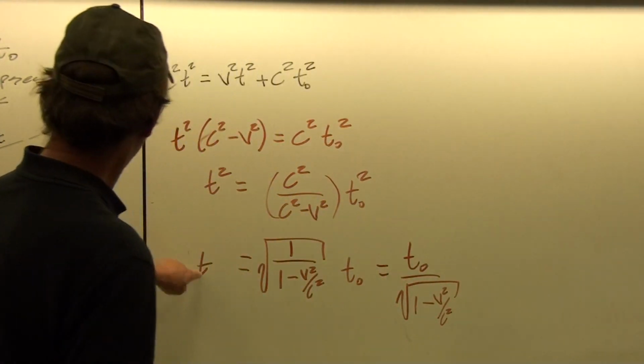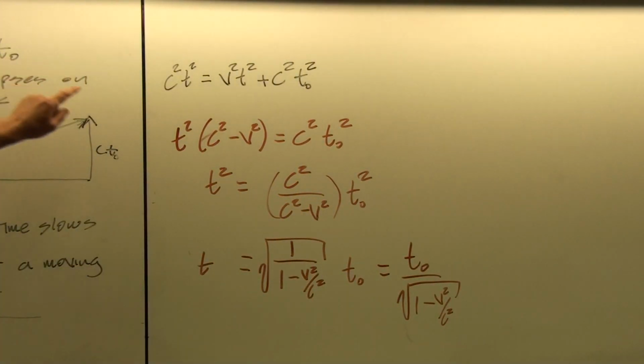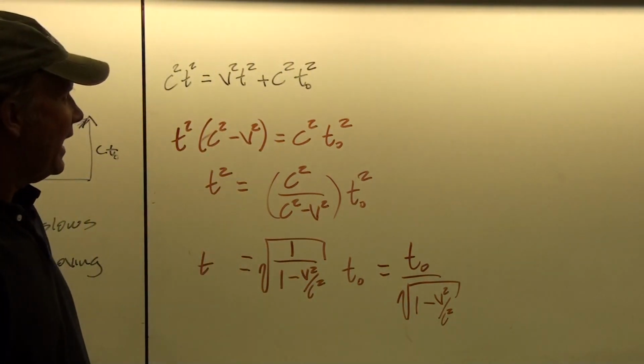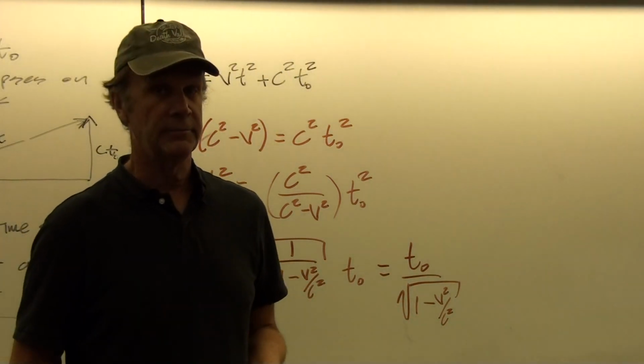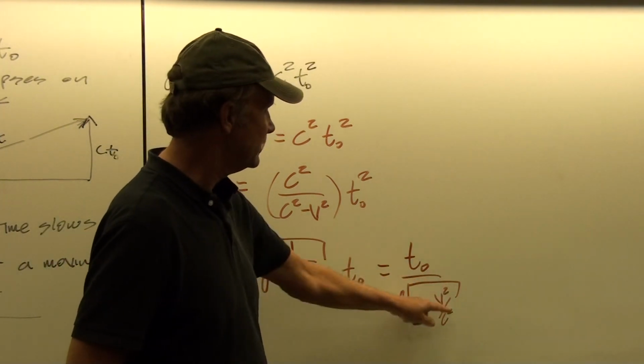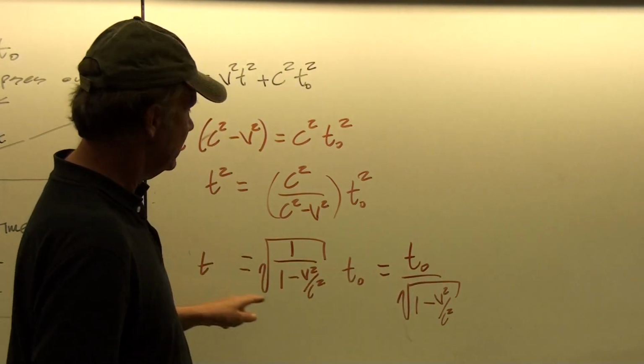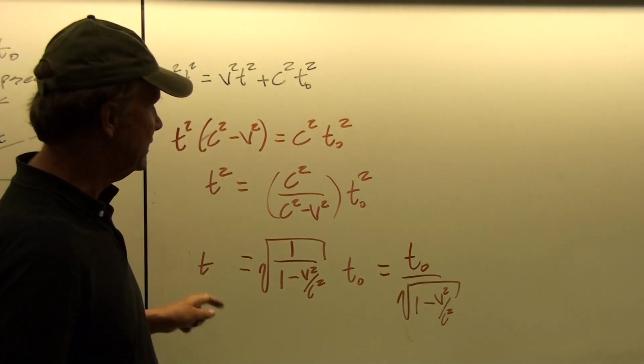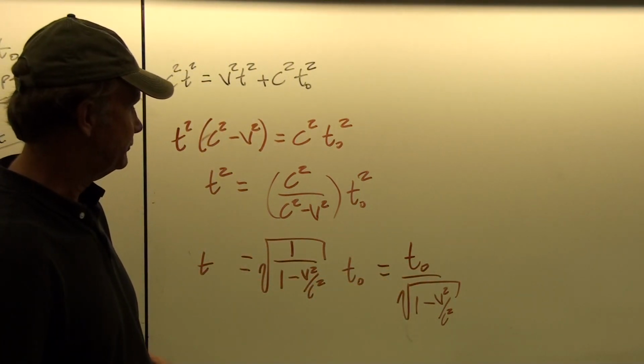So this tells us that t is greater than t naught, because 1 minus v squared over c squared has to always be less than 1, and you're dividing by something that's less than 1. Unless, of course, v is 0. If v is 0, then t and t naught are going to be the same.